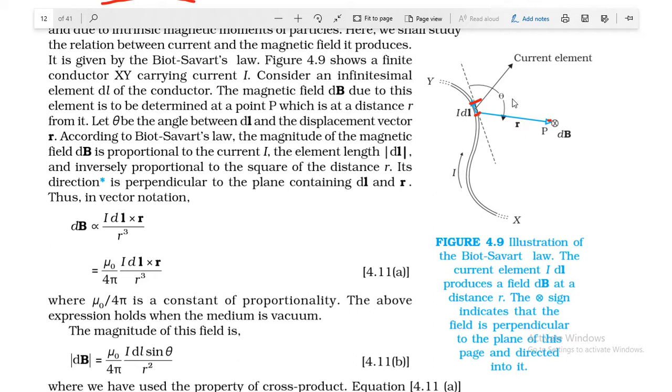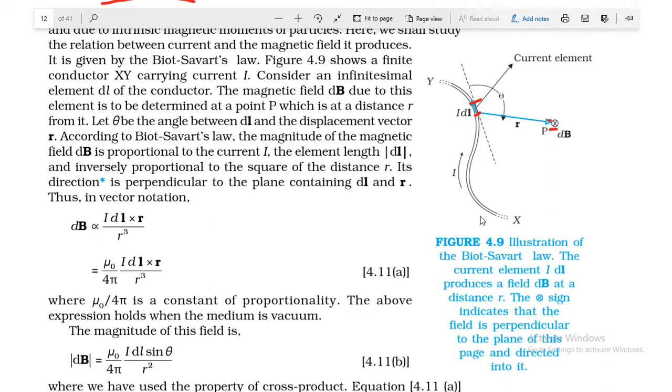So according to the experiment, if current is flowing through the wire, there is magnetic field around the wire. It is experimentally proved, and we need to find out the magnitude of the magnetic field, and because magnetic field is a vector quantity, we also need to find out its direction.